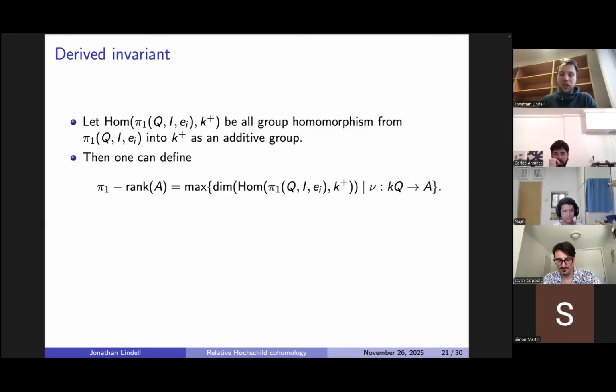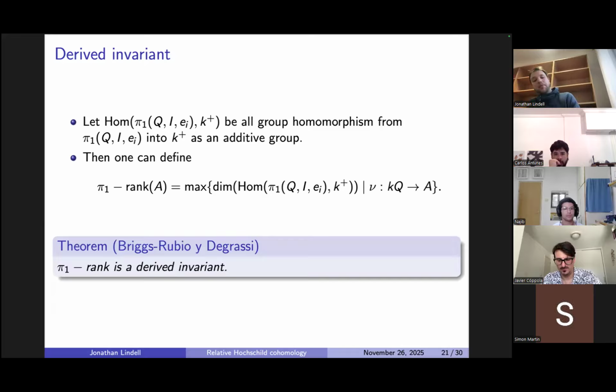So depending on the presentation, as we saw in the earlier example, in one case the fundamental group was trivial, and in one case it was Z. And then it was shown by Briggs and Rubio y Degrassi that the pi1 rank is a derived invariant. So one solution is that we look at all different presentations and all the fundamental groups that we can get.